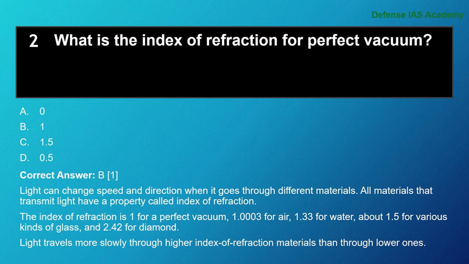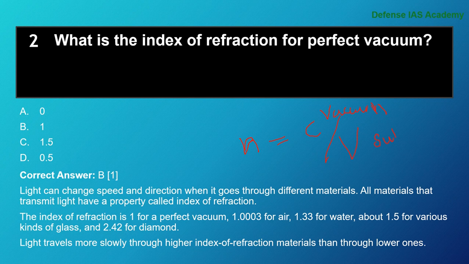If you have to define it with a formula, you can say that the refractive index N is equal to C divided by V, where N is the refractive index, C is the velocity of light in vacuum, and V is the velocity of light in a substance.